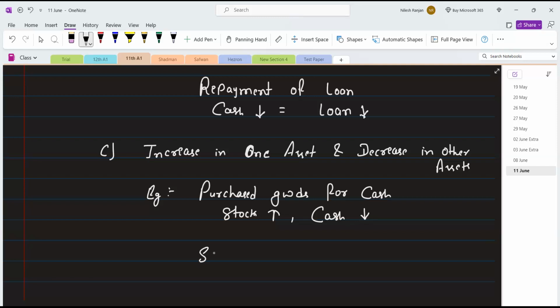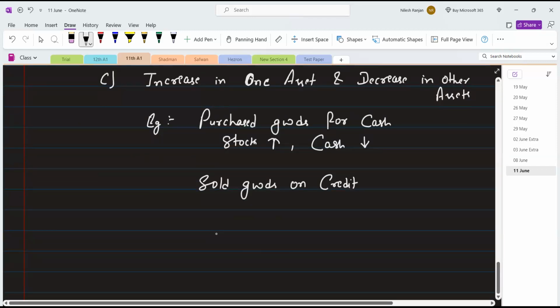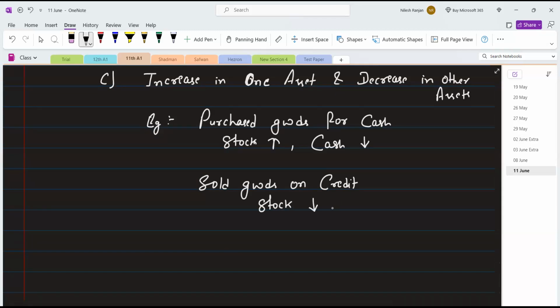Sold goods on credit or cash. Here stock will decrease because we are selling, and debtors will increase.